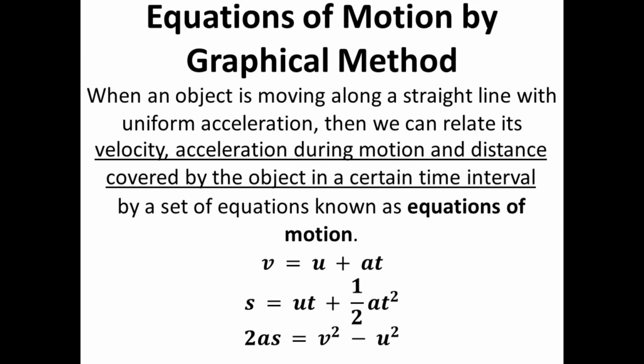Here u is the initial velocity, v is the final velocity, a is the acceleration during motion, t is the time taken, s is the distance covered by the object. Now we will discuss these three equations one by one.